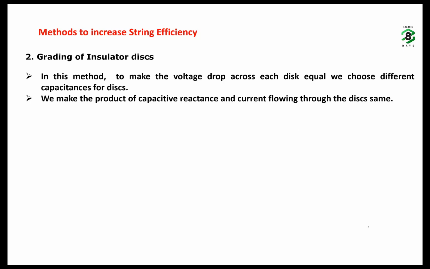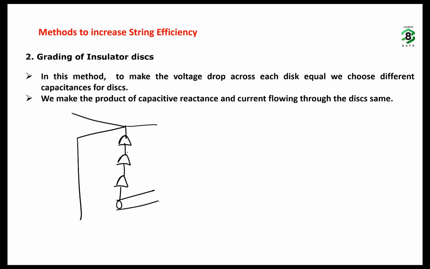Suppose this is the insulator string, let us call it a 3-insulator string. Here the basic concept is, I want to make the voltage drop across each disc the same, then I will achieve 100% string efficiency.